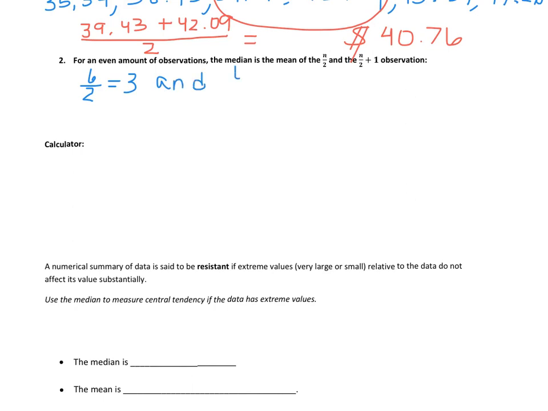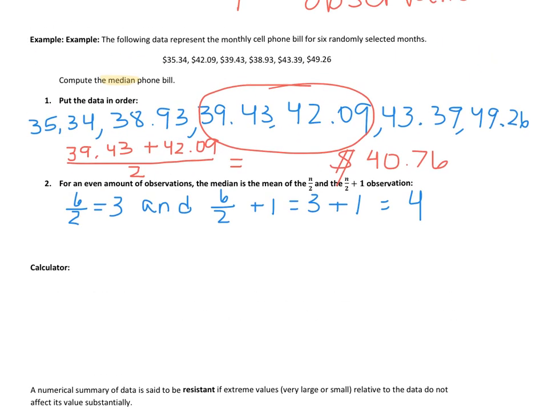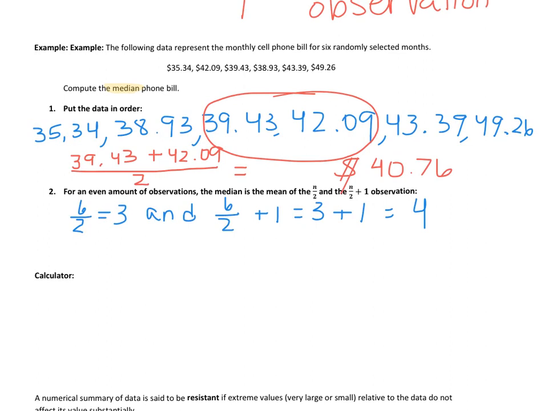And 6 over 2 plus 1, or 3 plus 1, is 4. So we have to take the mean of the third and the fourth observation and look up here. When we put the data in ascending order, there's our first observation, our second, our third, and our fourth. And that's what we did. We took the mean of the third and the fourth observation.